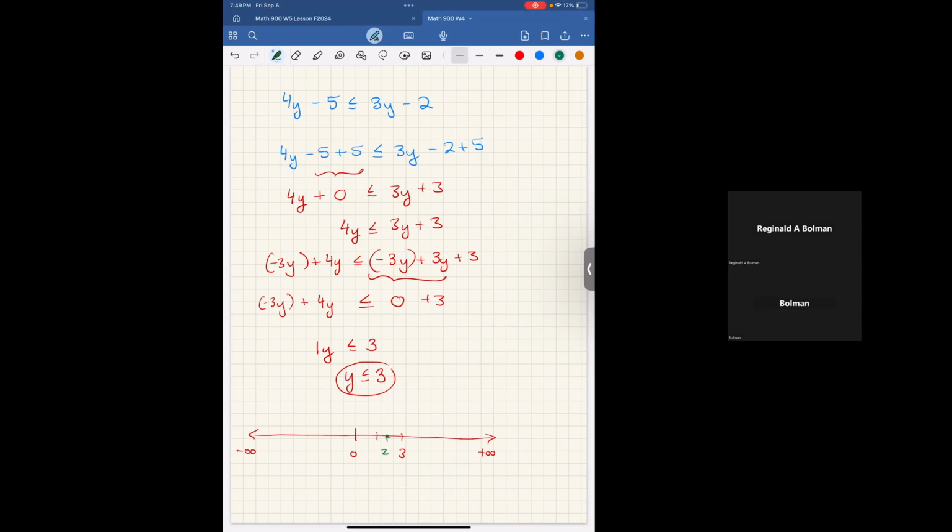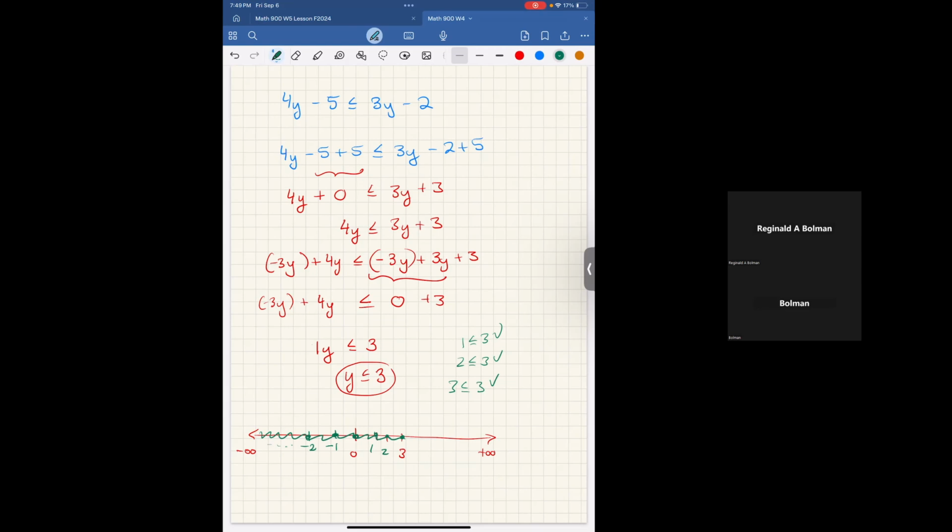So y could be 2, y could be 3, because 3 would be less than or equal to 3. 2 would be less than or equal to 3. 1 would be less than or equal to 3. 0 would be less than or equal to 3. I hope you can see every number all the way to negative infinity would be less than or equal to 3.